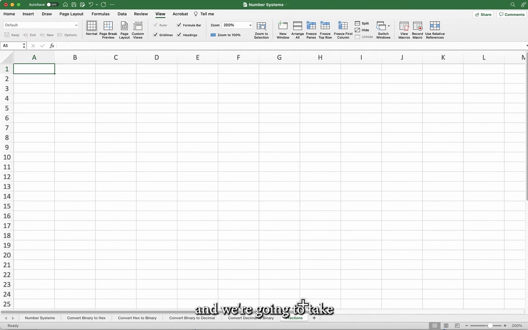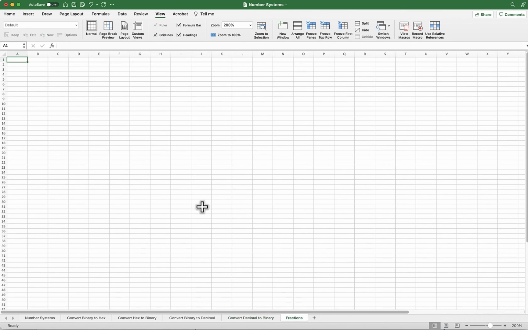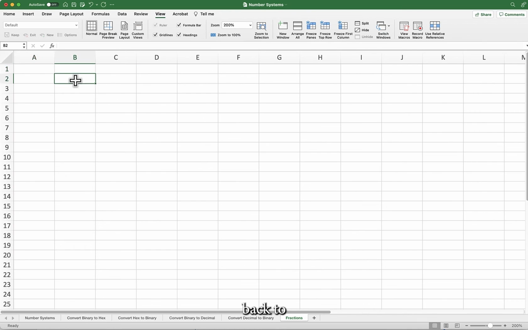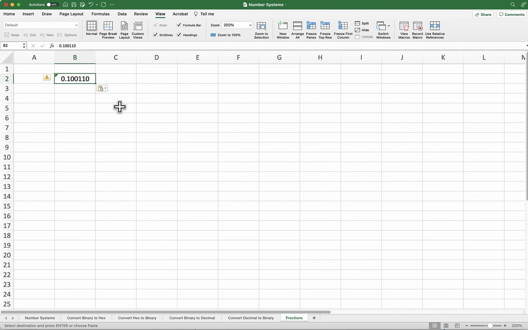And we're going to take the one that we just did right here, and we're going to convert it back to binary. We're going to convert it from a binary fraction to a decimal fraction. So what I'm going to do is, instead of starting from right to left, I'm going to start from left to right, omitting the 0.